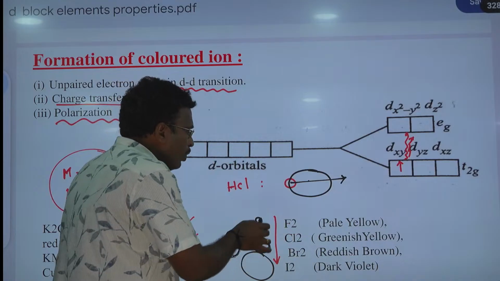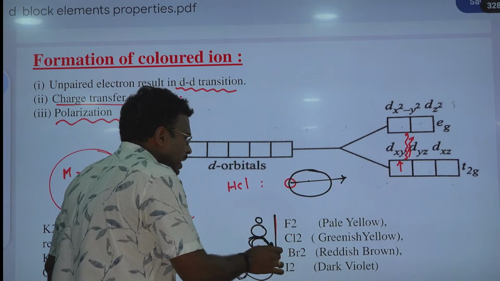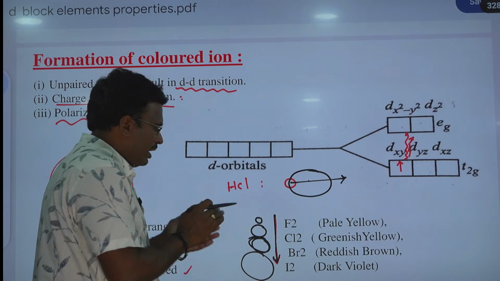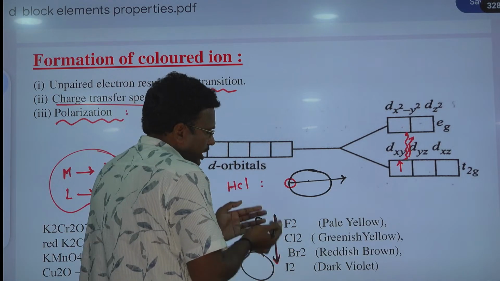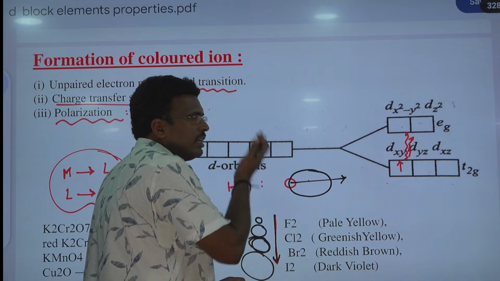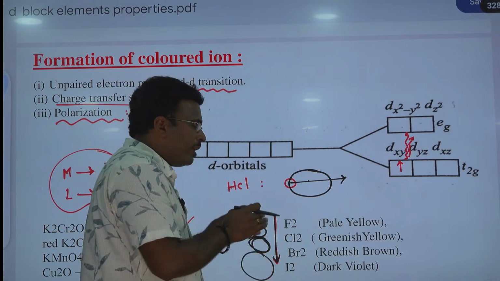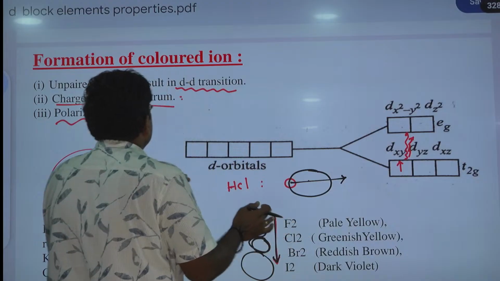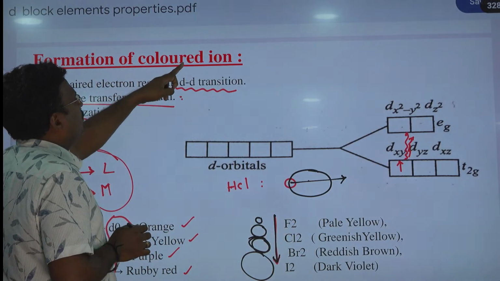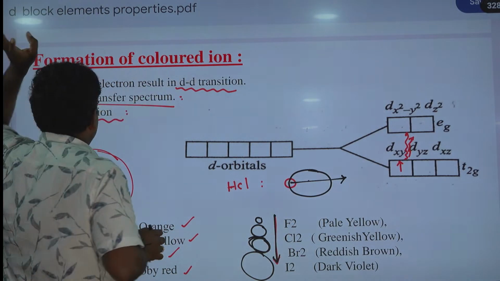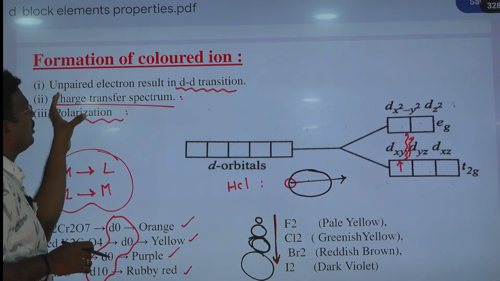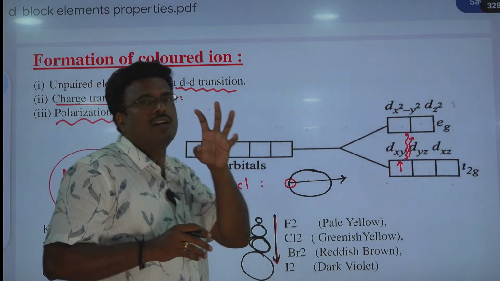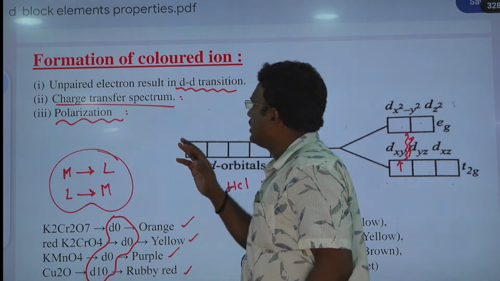Whenever the ionic size increases, the polarization power also increases. And whenever the polarization power increases, the dark color will appear. Very important: d-block elements form colored ions due to three parameters.